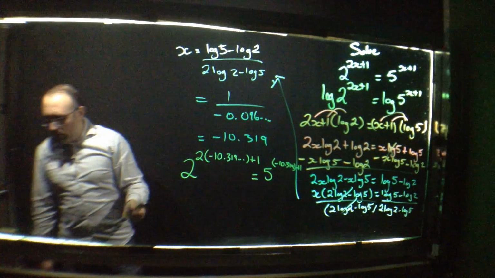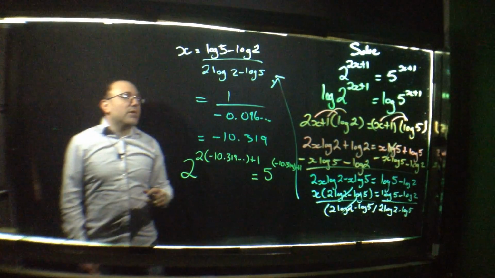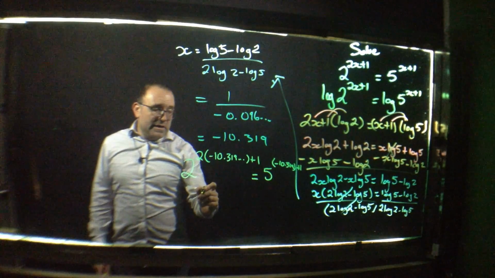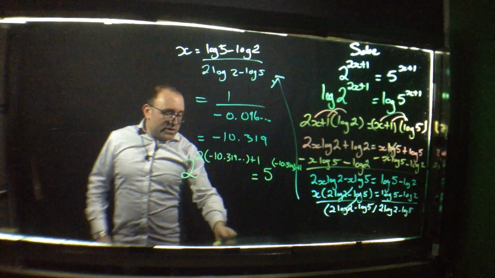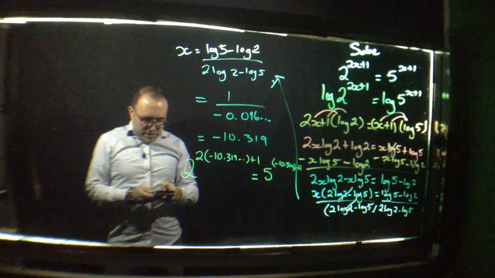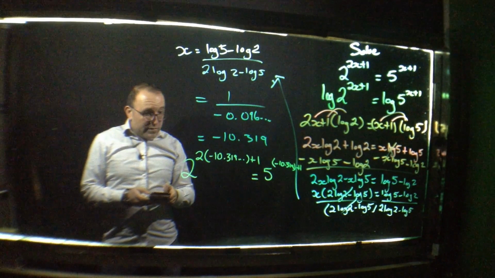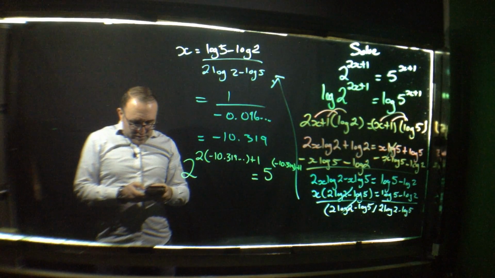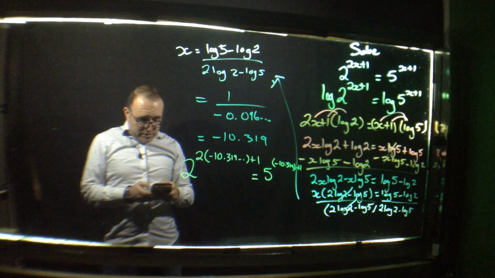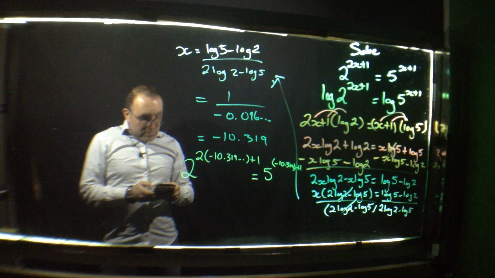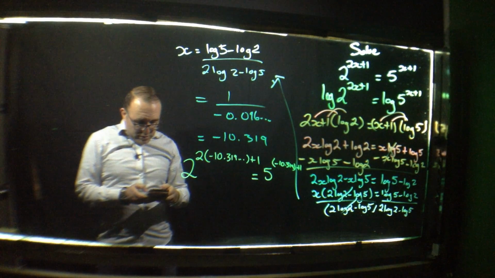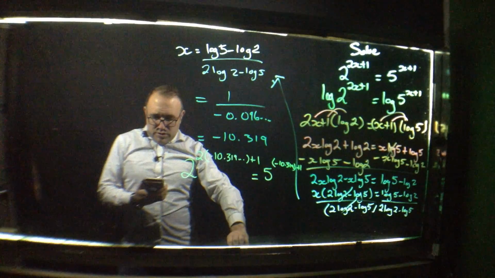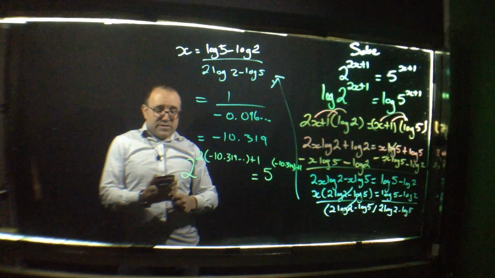When you do that, you should be able to figure out if they're the same on the left-hand side and the right-hand side. If I'm not mistaken, it is. If you calculate that on your calculator, 2 to the exponent of 2, open bracket, negative 10.319, plus 1, it's roughly 1.2256 to the exponent of 6.